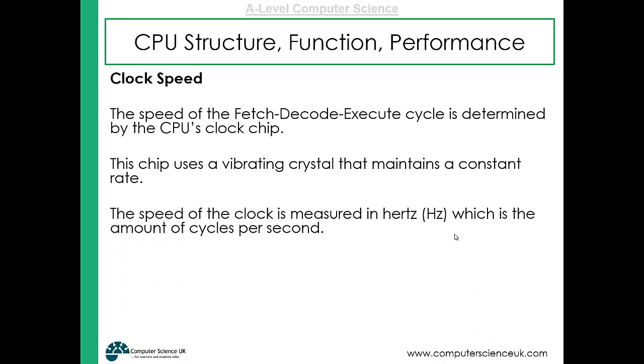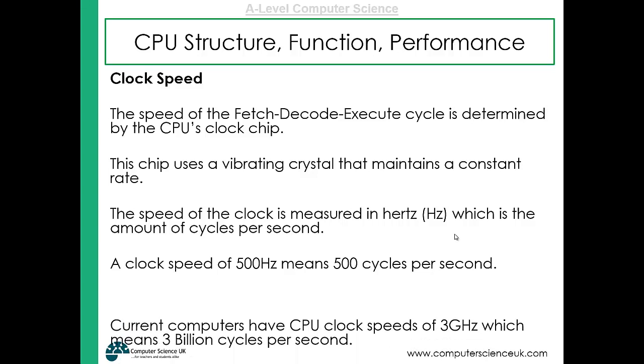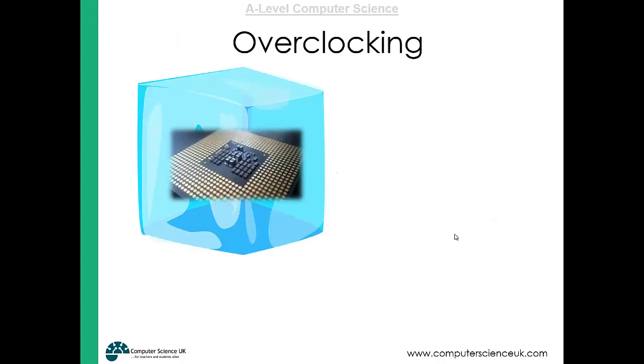So the speed of the clock is measured in hertz, which is the amount of cycles per second, or vibrations per second. A clock speed of 500 hertz means 500 fetch, decode, execute cycles per second. Current computers usually have speeds of about 3 gigahertz, which means 3 billion vibrations or clock cycles per second.